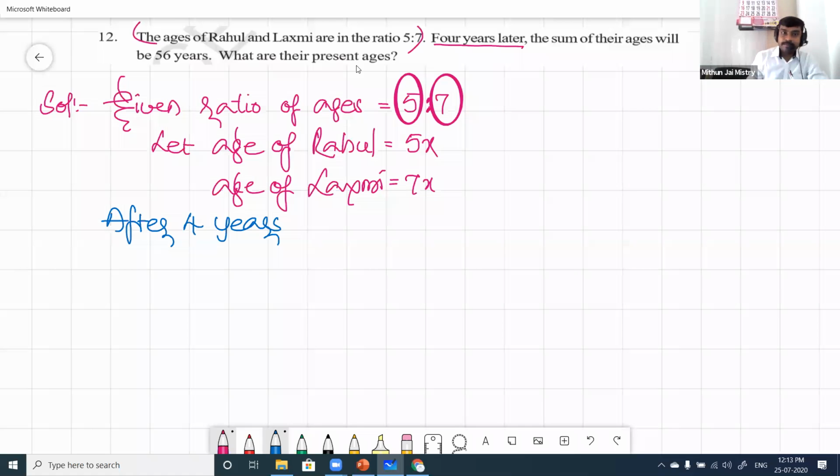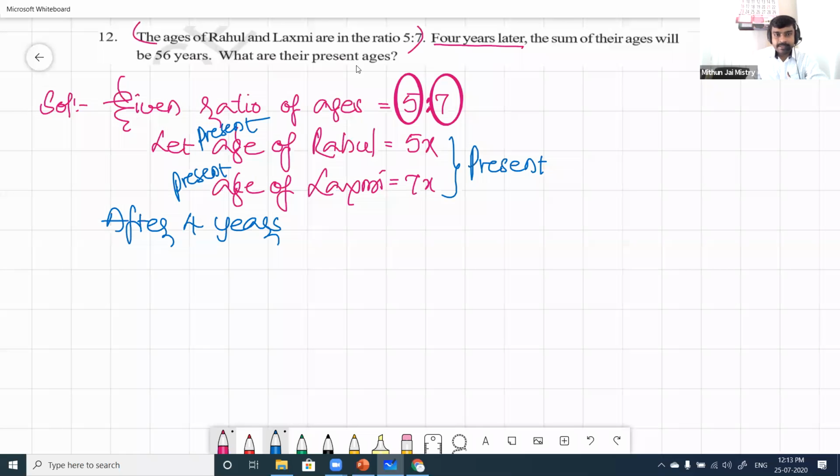But the present age of Rahul is 5x. So after 4 years, the age of Rahul will be 5x plus 4, right? These are present ages. Actually, I should have written present. Let present age of Rahul, it would have been better, right? And the present age of Lakshmi, right?